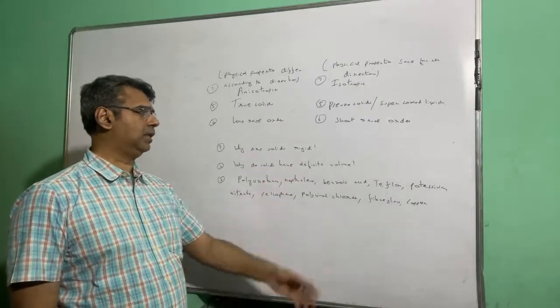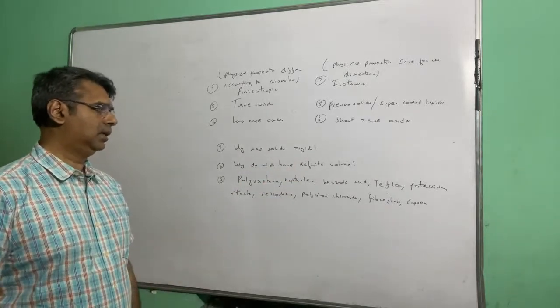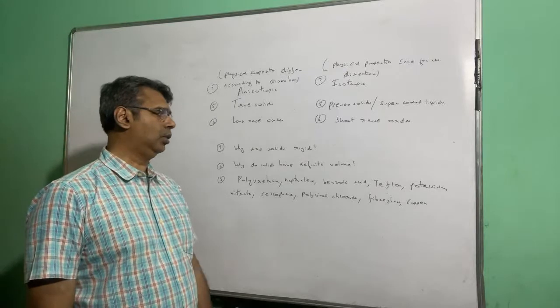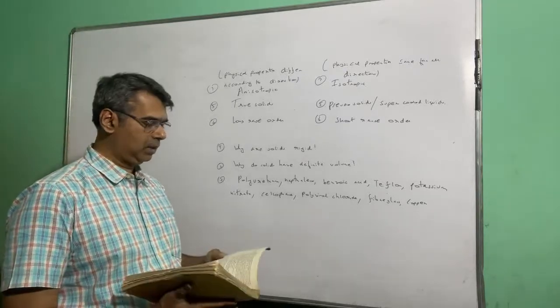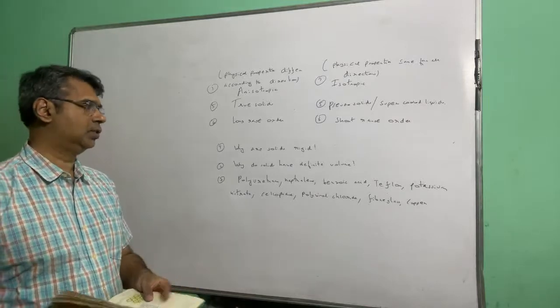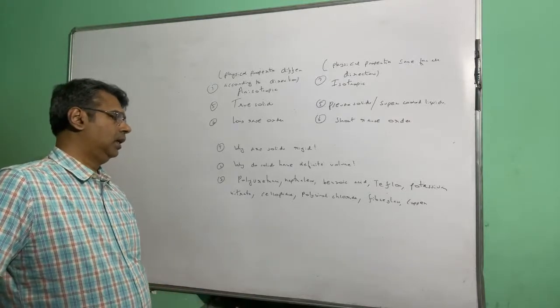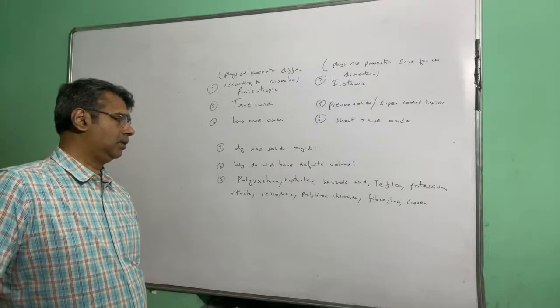And if the temperature increases, they still don't leave their positions, they in fact tend to vibrate about their position. So that is why solids are rigid. That is the answer to the first question.